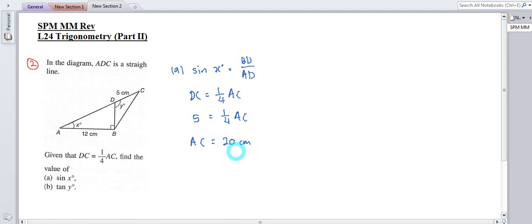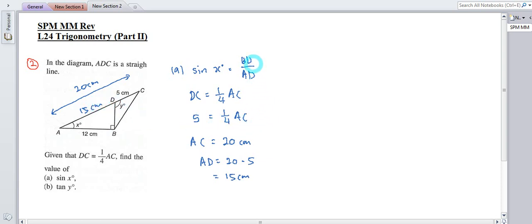AC is 20 centimeters. So AD must be equal to 20 minus 5, right? So you get 15 centimeter. Now you know here is actually 15 centimeter.